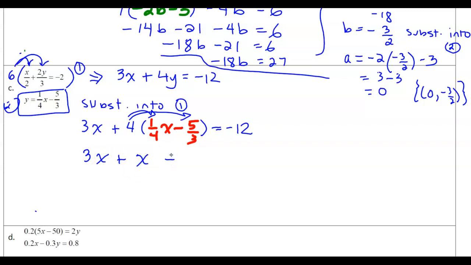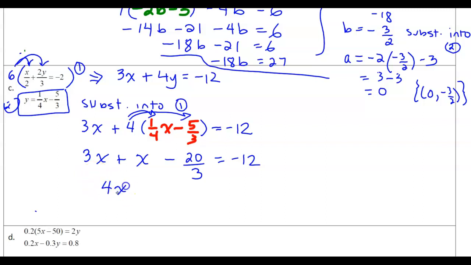And then 4 times 5/3 is minus 20 over 3. Okay, so you could, if you wanted to, multiply by 3, right? But then you're going to have to divide at some point as well. So this is fairly manageable.